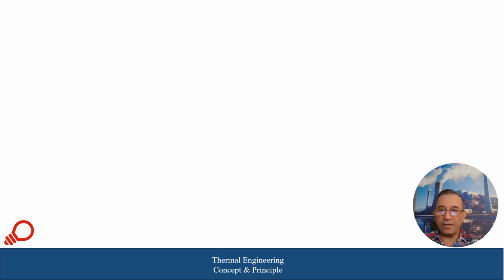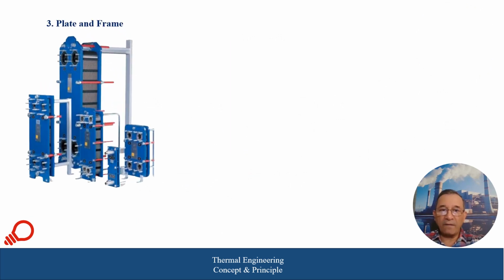Other types of heat exchangers. We have the plate and frame heat exchanger. It is also called a compact heat exchanger because we have a large surface area per unit volume, and we can save space, and at the same time they are efficient in heat transfer between the two fluids.